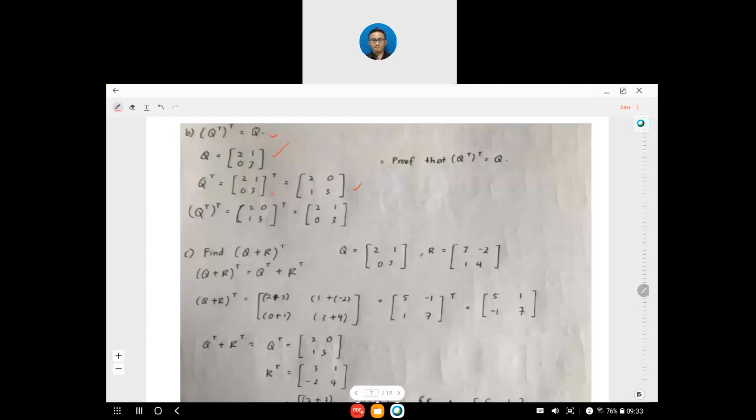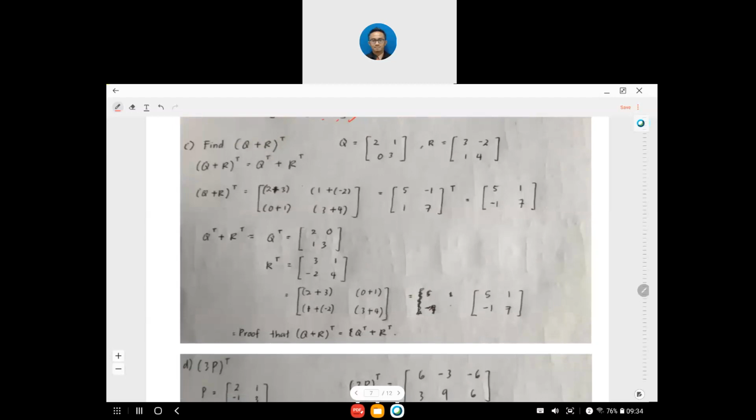So this one is Q transpose, and then Q transpose equal to 2103. Okay, so ni prove that Q transpose equal to Q. Okay, that one for B. And then for C, find Q plus R transpose. Okay, ni dia suruh find. Okay, so this one for question C.